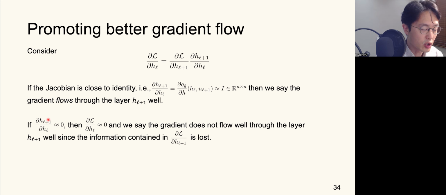Conversely, if this Jacobian is close to 0, then this product will be close to 0. And in that case, we say that the gradient does not flow well through the layer h sub l+1, because any gradient information contained in this term is going to be lost, because whatever this is, we multiply it by 0, so the gradient dL/dh sub l is going to be close to 0.